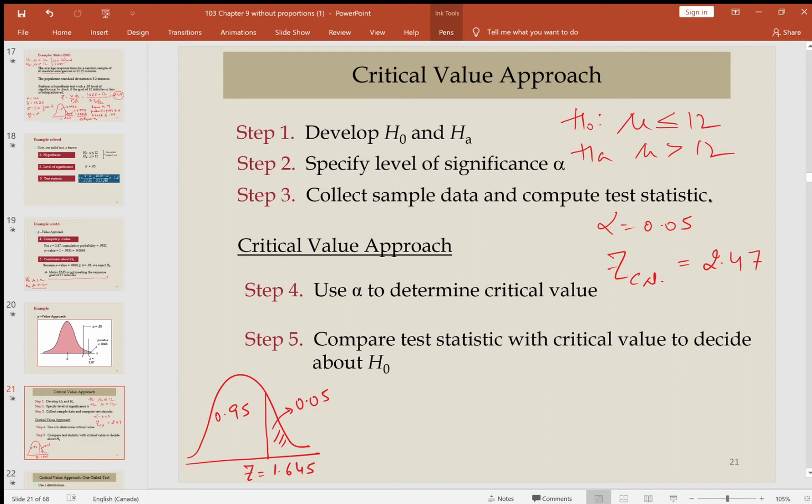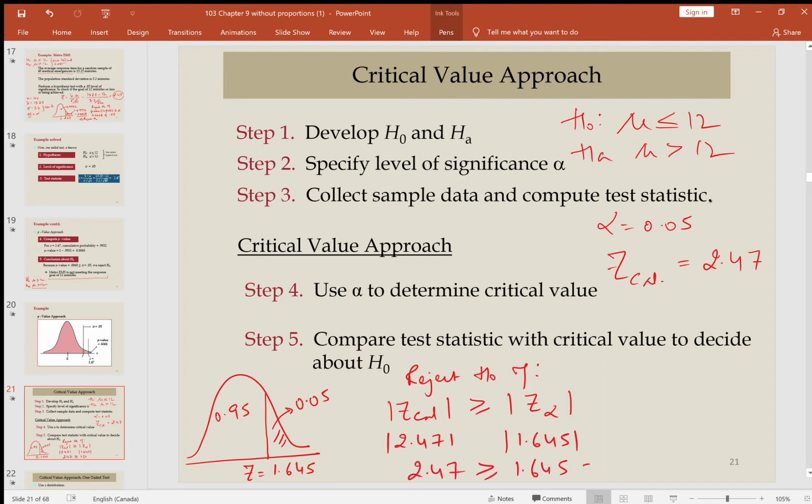Remember the first table that I showed you, we reject the null if the absolute value of z calculated is more than or equal to the absolute value of z alpha from the table. So the absolute value of 2.47 versus the absolute value of 1.645. This is 2.47, and this is more than or equal to 1.645, which means we can reject the null.